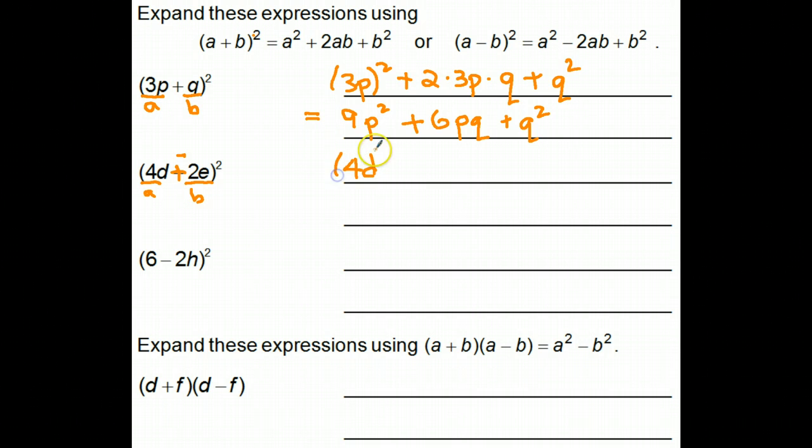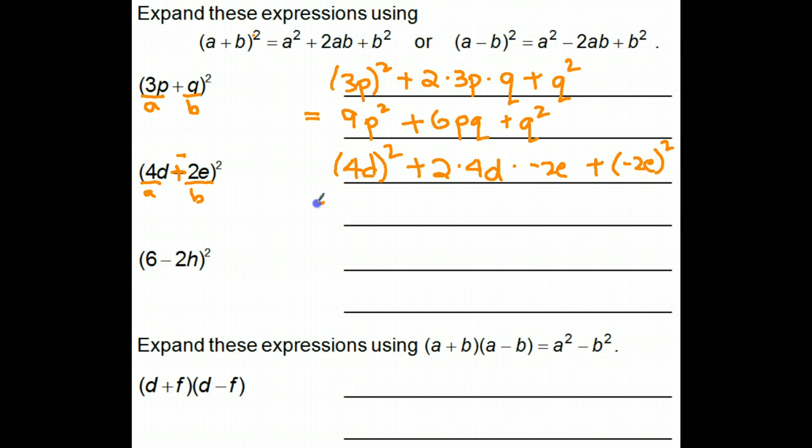So it's (4d) squared, plus 2 times a, which is 4d, times b, which is negative 2e. So that's substituting into the middle term. And then finally, plus (negative 2e) all squared.